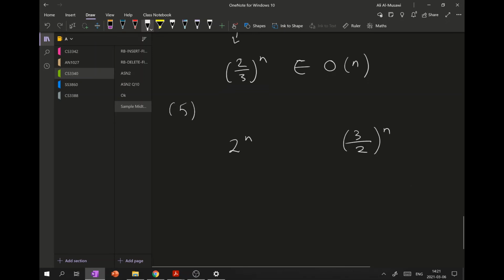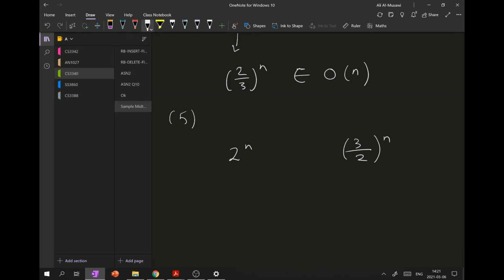Now, let's see. The base here is bigger than the base here, right? Because if you increase this by 1, we get 4 over 2, and this is actually the same as if this was 4. But now that this is 3 over 2, then this is smaller. The one on the right is smaller than the one on the left.